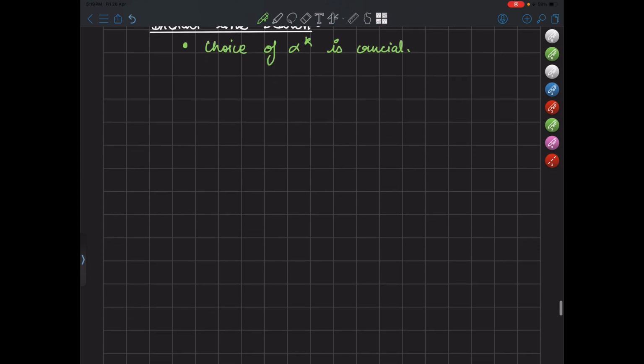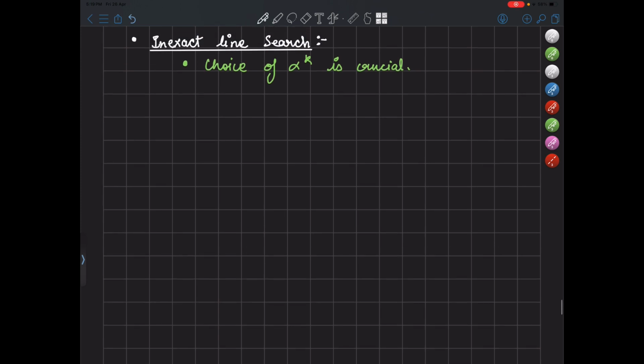Okay, so let us look at these examples that will help us see why the choice of alpha k is very important. For the first example, let's say we want to minimize a very simple function, x square.